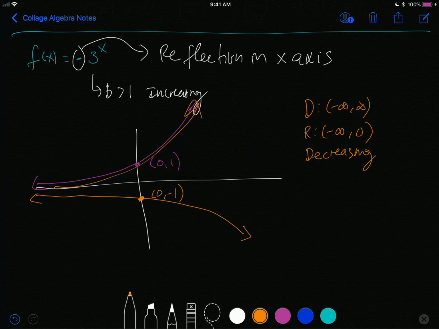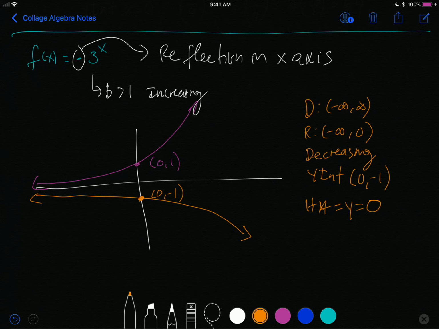It used to be going up, and now I'm going down, down, down. So therefore it's decreasing. My y-intercept is now flipped in sign, so it's (0, negative 1). When you reflect the graph, the sign on the intercept changes. And the horizontal asymptote, your HA, is still at 0.